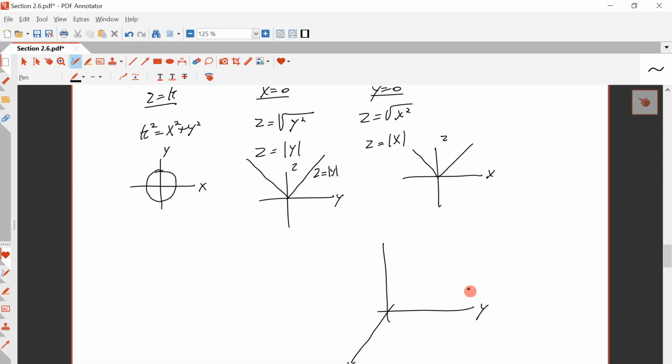This is the x-axis, y-axis, z-axis. Here's the yz plane. I've got that. And then in the xz plane, I've got the same picture. And then I have circles parallel to the xy plane. So I've got this nice cone. There we go.